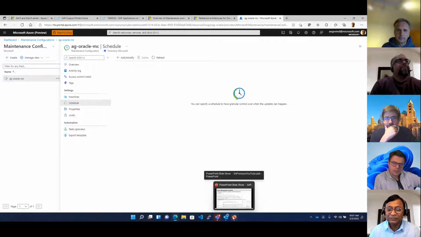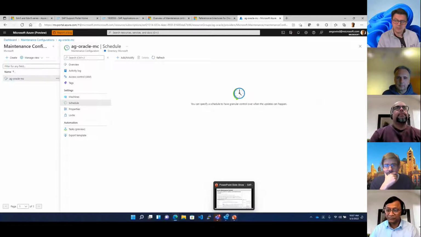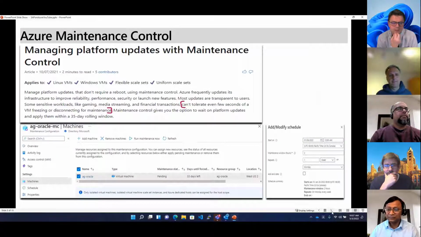Or I can combine the Azure maintenance with my own maintenance, like operating system patching or Oracle patching, in the same window, so I can do maintenance in both cases, Azure and whatever is running inside the VM. Absolutely.